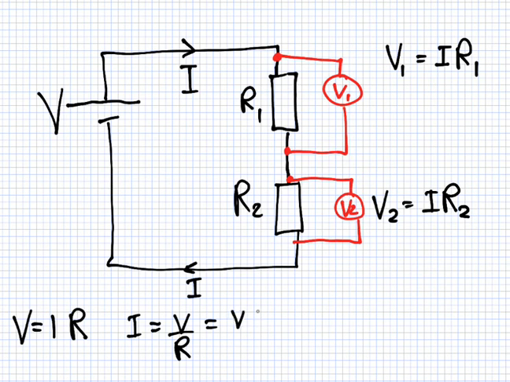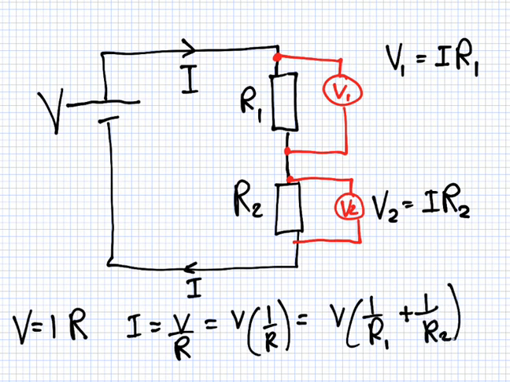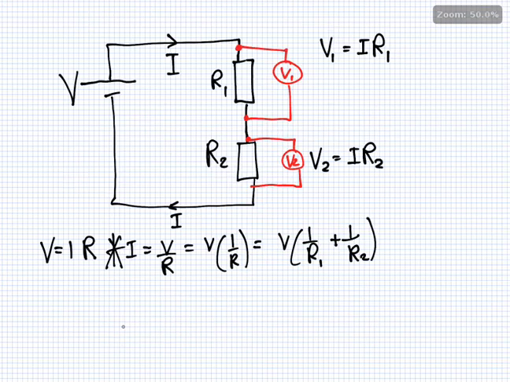That equals V multiplied by 1 over R. But what does 1 over R equal? Well, we just had that rule a moment ago. It's 1 over R1 plus 1 over R2. So I know that I equals V times 1 over R1 plus 1 over R2.